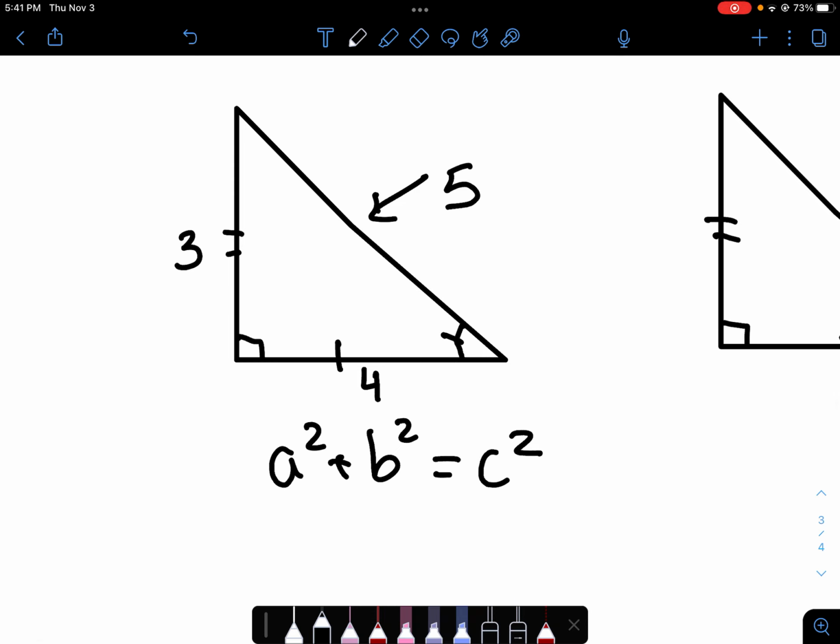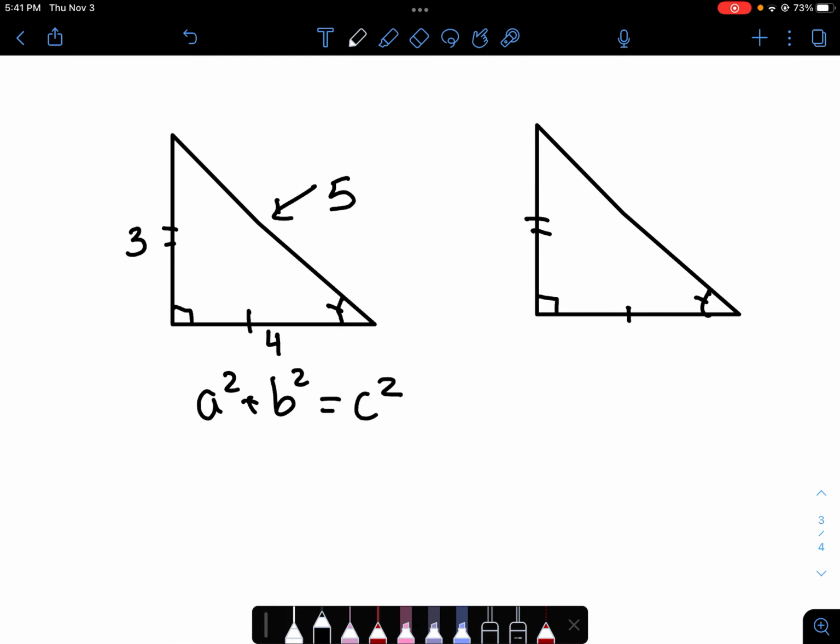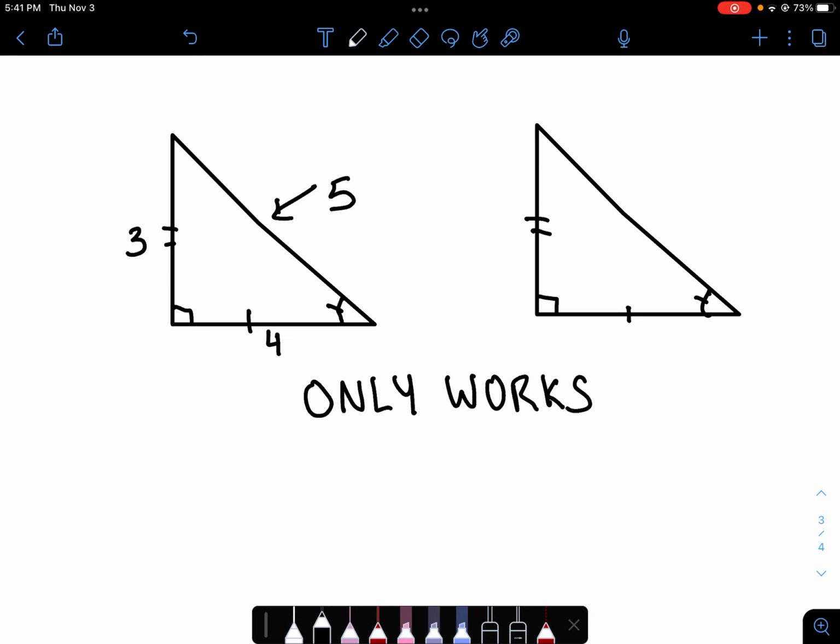So if this angle and this angle are equal, and of course these two sides are also congruent, that means these two triangles are congruent. But this only works for right triangles.